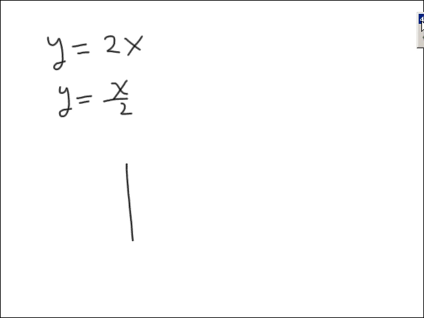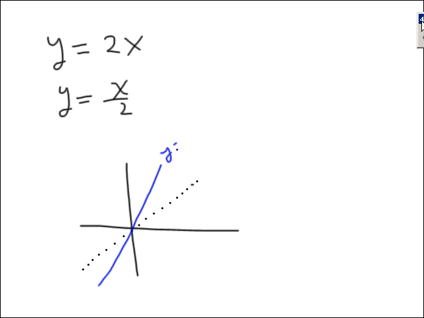Now, if you were to graph these, here's the line y equals x, and here is the line y equals 2x, and in red, here is the line y equals a half x, or x over 2.